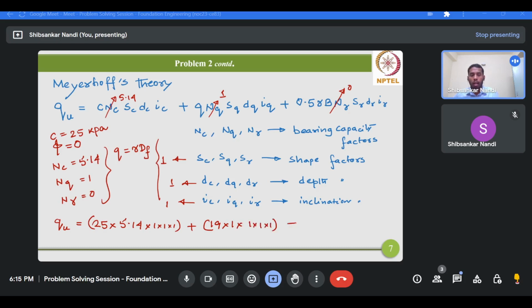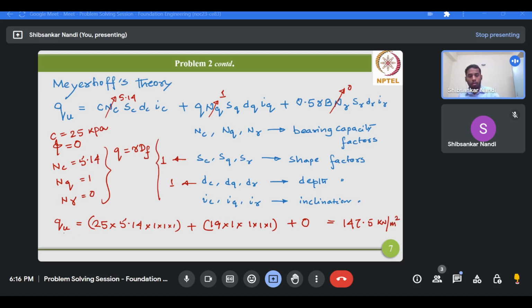Okay, plus the third term is 0. So if you calculate, then this value would become 147.5 kilonewton per meter cube.